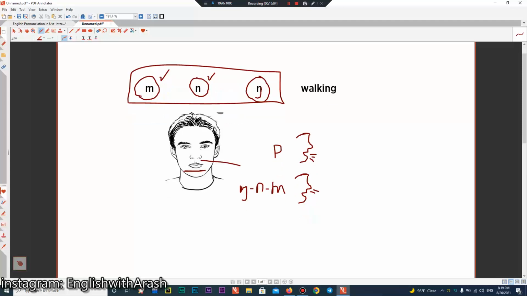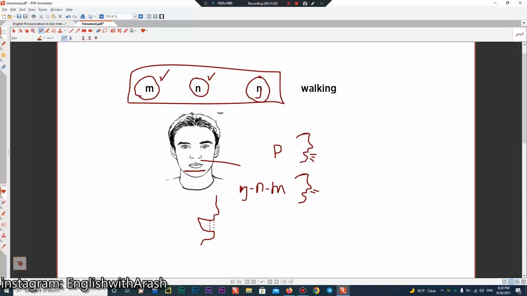So let's say this is me, this is my nose, this is my mouth. Okay? I have a big mouth. So if I want to say me, I close my lips and I stop here. If I want to say ne, I use my tongue and I stop the air here.